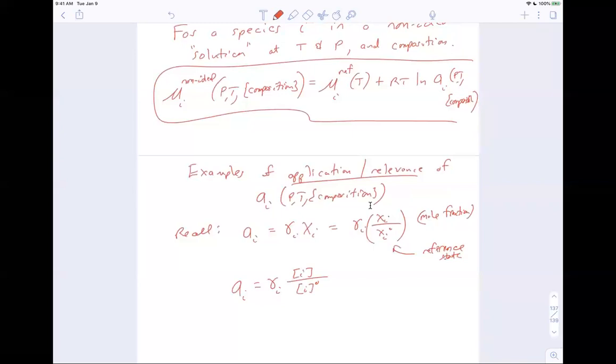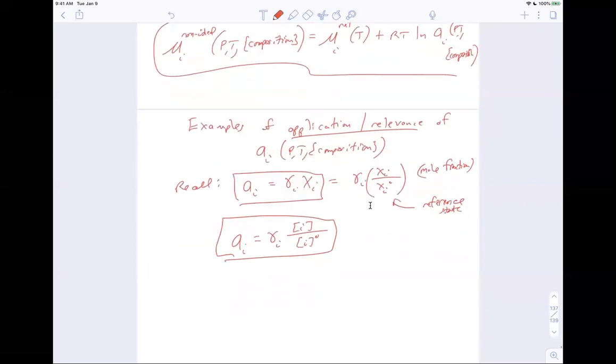We can define it either way. They're all equivalent in terms of the physical meaning. So the activity here is just the product of the activity coefficient gamma i of the species i times the ratio of the concentration of i in solution or in this mixture, and i superscript 0 is the concentration of i in your reference state, whatever you choose that to be.